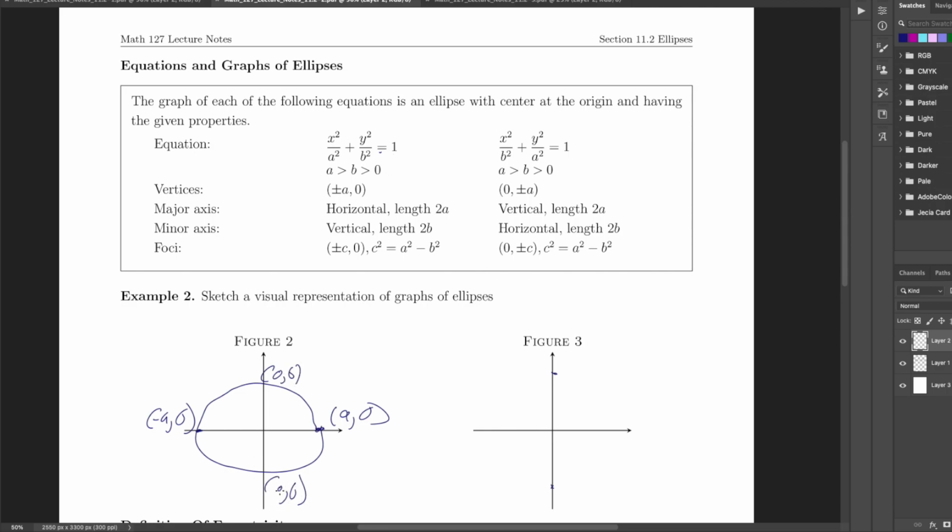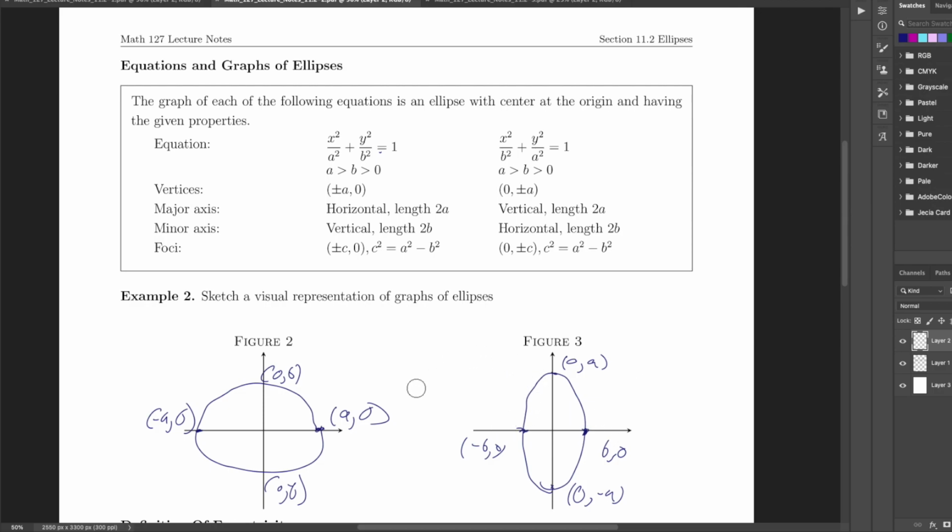For this one, we'll have (0, a), (0, -a), and then (b, 0), and then (-b, 0), and so it'll come up, down. Let me make this more pronounced, and so let me move in my b's. So let's put the b here. There we go.